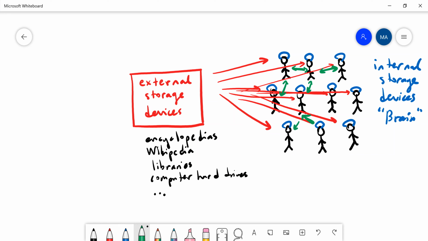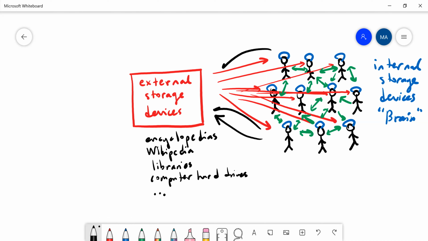There is a network of people, so they interact with each other, and they share knowledge. What's the third step? Well, they can store new knowledge in the external storage devices.